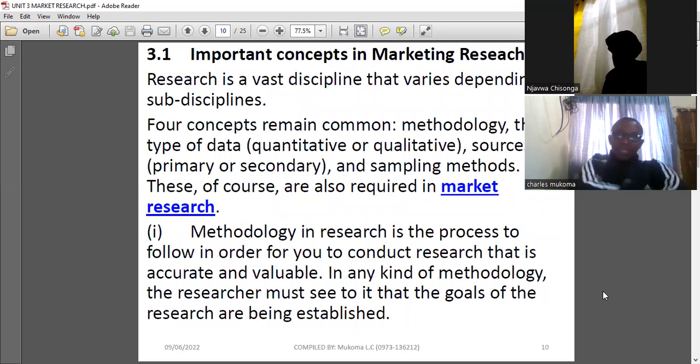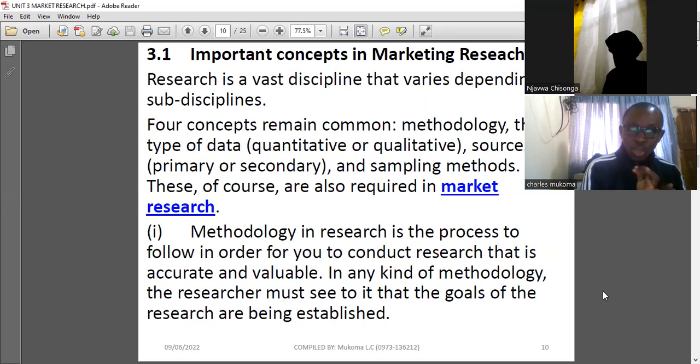Let's look at the important concepts in marketing research. Now, research is a vast discipline that varies depending on sub-disciplines that you are going to consider in your research. Now, the 4 concepts remain common in research. As long as it is called a research, these concepts will be there.